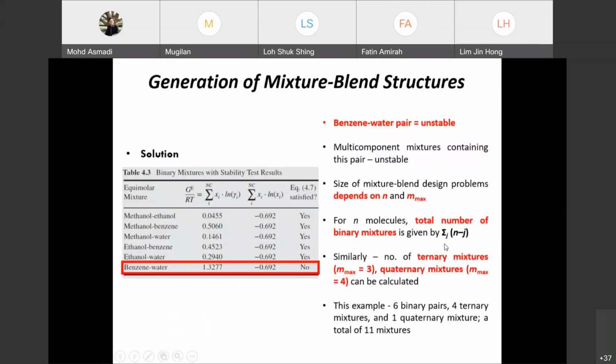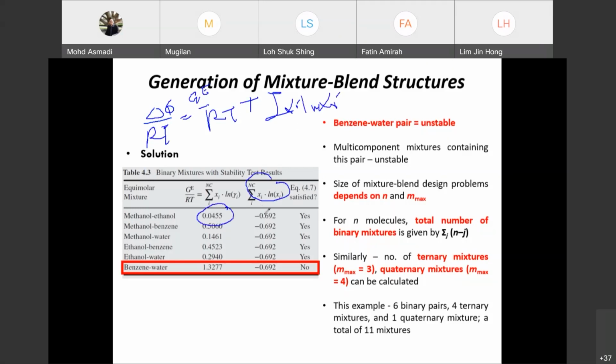If you look at here, the benzene and water pair is unstable. If you still remember the previous equation, delta G over RT, GE over RT plus the sum of xi ln xi.